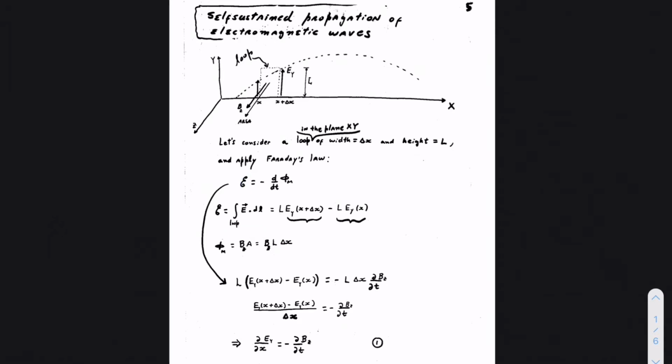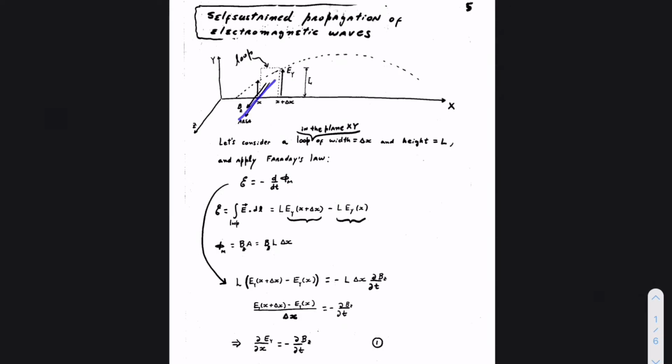As the electric field here is acting in the y direction, the line integral should be the height of this loop L times Ey at this point x plus delta x, minus the height of the loop L times Ey at this point x.